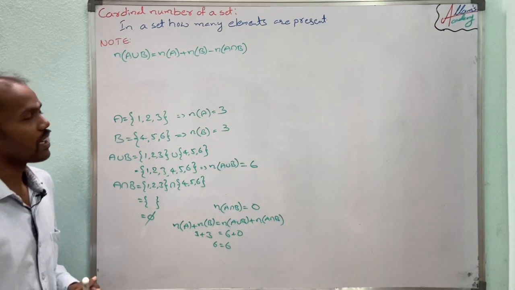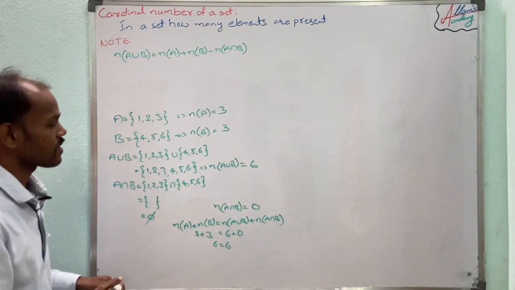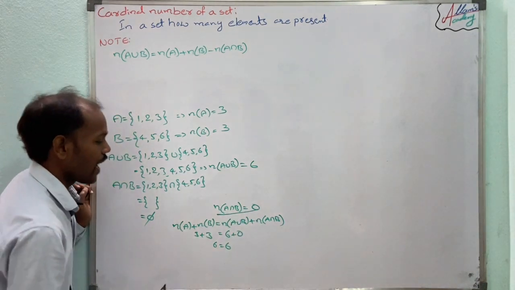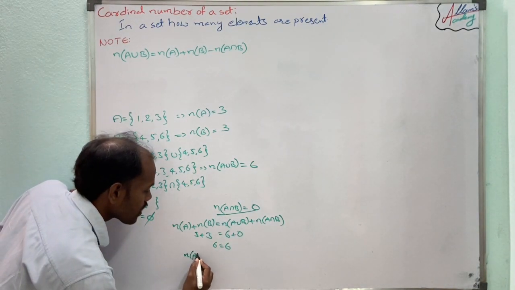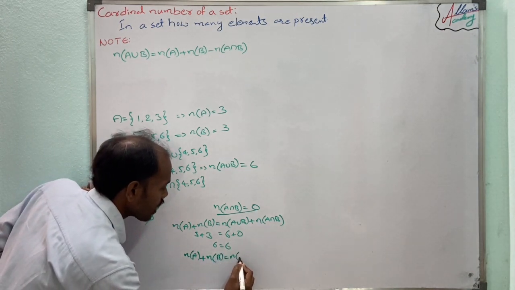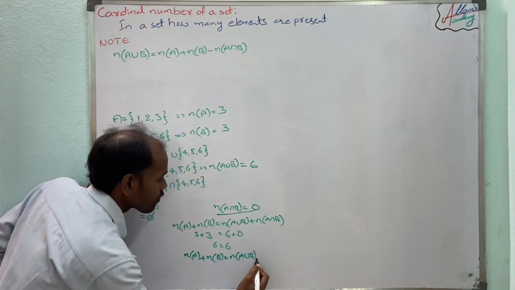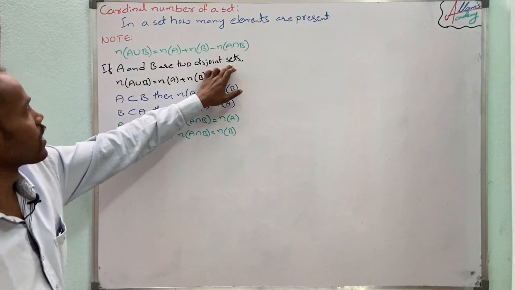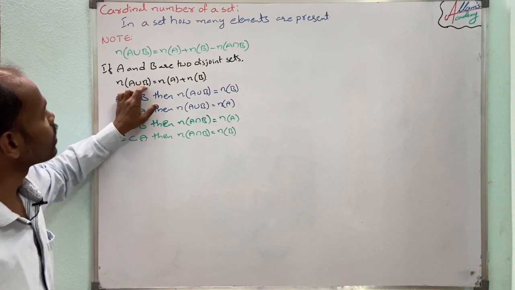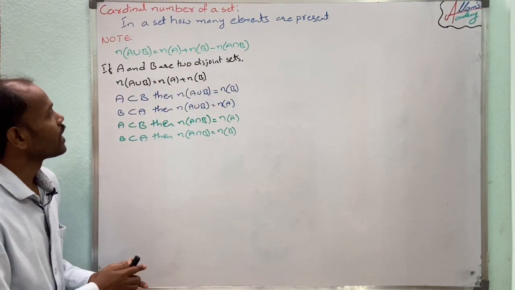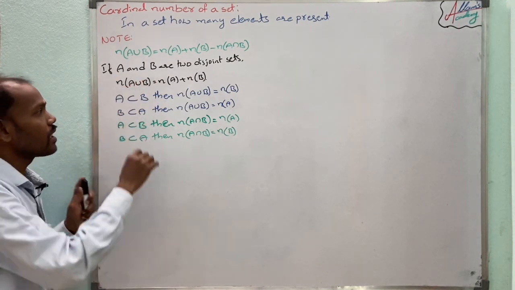If A and B are two disjoint sets, number of A intersection B equals 0, and then number of A plus number of B equals number of A union B. These properties we already studied.